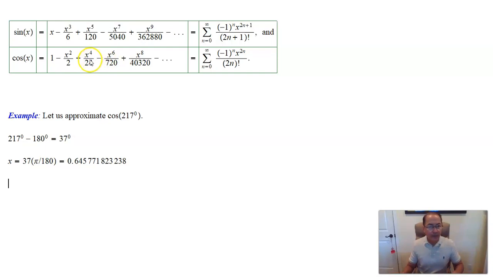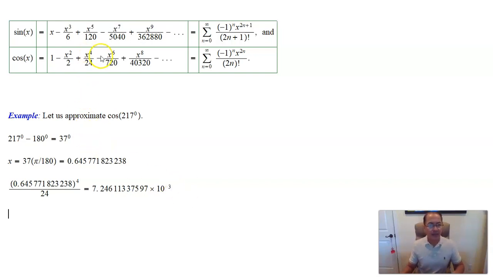So do you feel lucky? Let's try x to the 4th power. Maybe that's going to be enough. So our x is this number. We want its 4th power divided by 24. I think that's still going to be, oh yeah, it's not that small. 0.7 times 10 to the minus 3.